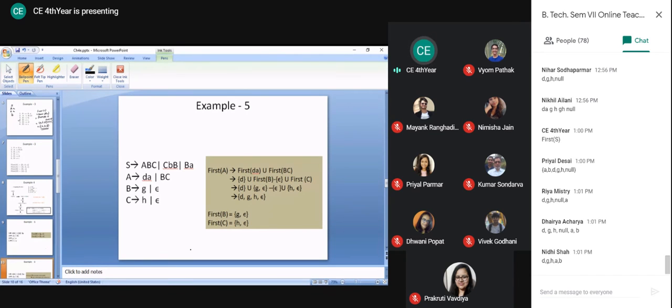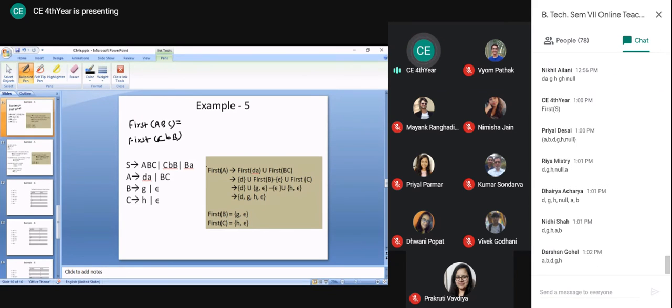So what I will do, I have to calculate first of ABC, then first of CbB, and first of BA. Now if I consider BA, then from first of B we'll get G and null.